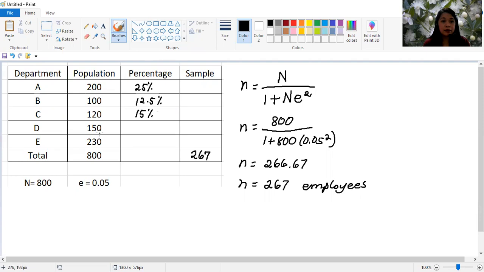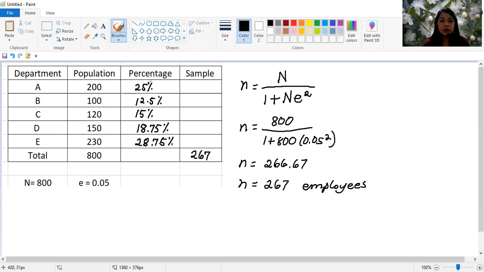And 150 over 800 come from Department D, so this is 18.75% of the population. And then 230 over 800 come from Department E, so that is 28.75% of the population.